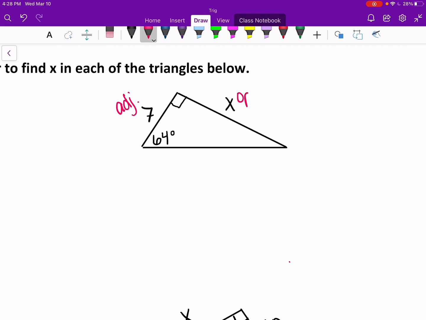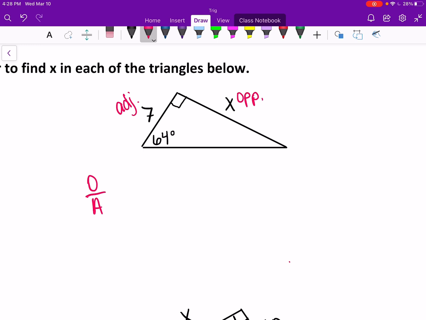X is opposite from our angle of 64 degrees. So now I want the trig ratio that has opposite and adjacent, and that is tangent. Tangent is opposite over adjacent.